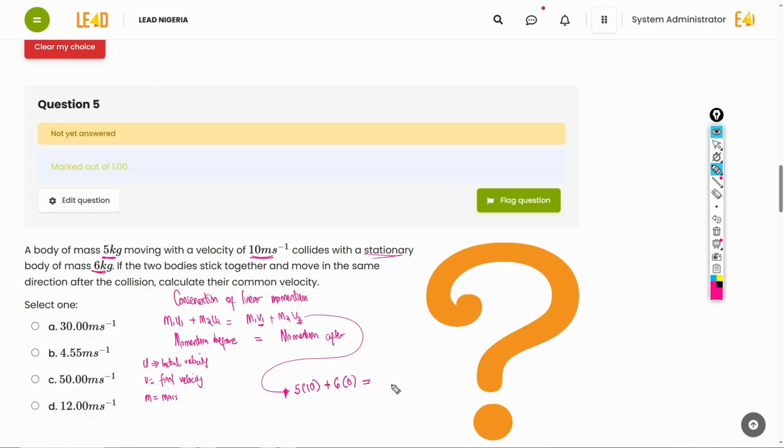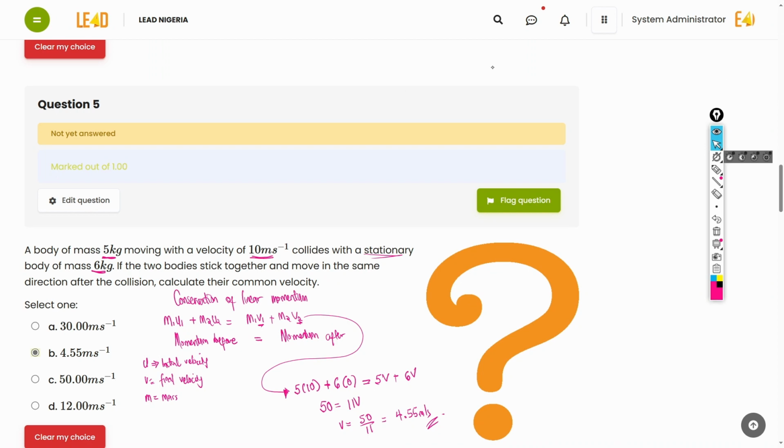So we're going to say 5 times v, final velocity, plus 6 times v. They both have the same final velocity. So this would be 50 is equal to 11v. And so v would be 50 over 11, which is 4.55 meters per second. That's option B.